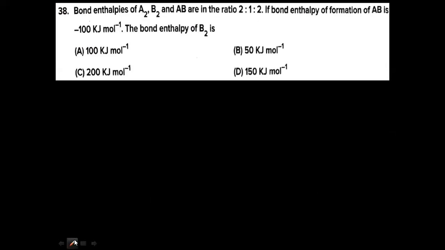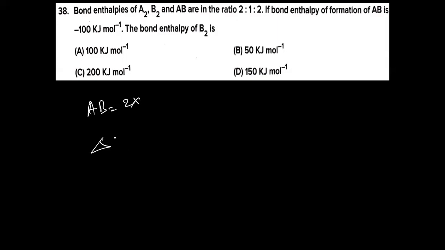38. Bond enthalpies of A2, B2 and AB are in the ratio 2:1:2. If the enthalpy of formation of AB is minus 100 kilojoules per mole, the bond enthalpy of B2 is. We can consider AB as 2x.